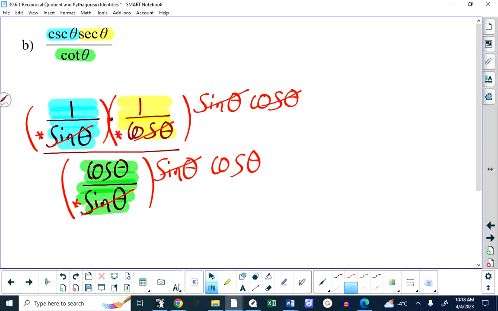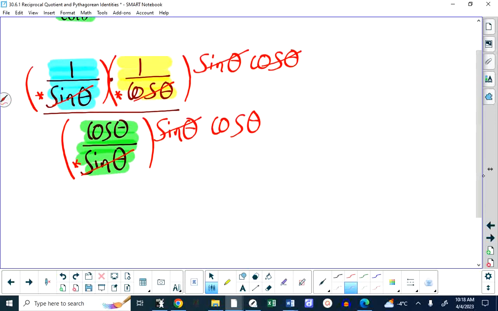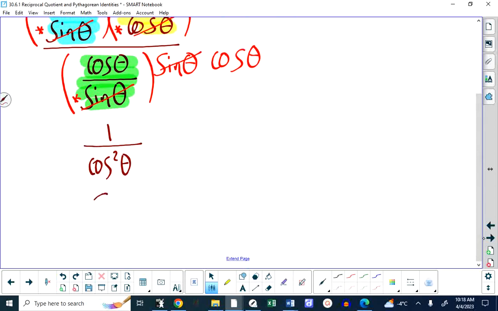Because we have 1 left on the top. The only thing surviving the top canceling is 1. And on the bottom I have a cosine of theta times a cosine of theta, which is cos squared of theta. And if you want, I can write that as secant squared of theta.